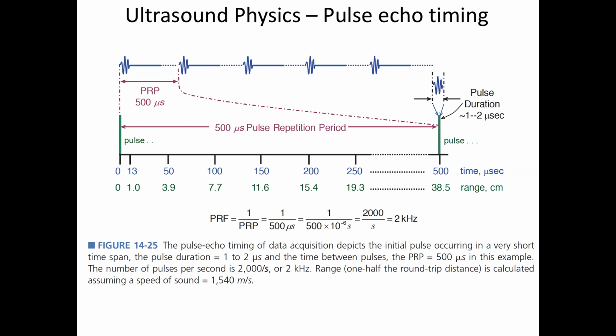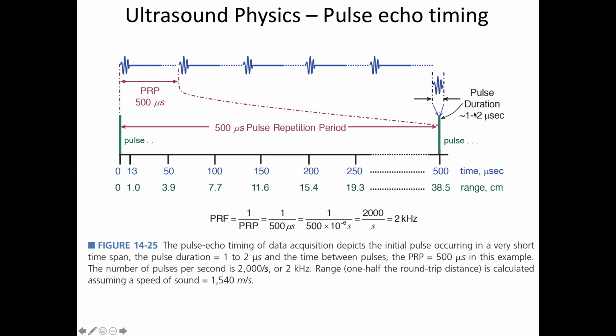So I'll send out one ping, and then between this ping and my next one, I listen, right, for echoes, shut down the listening, turn on the transmit, send out another ping, and then listen again. Okay.